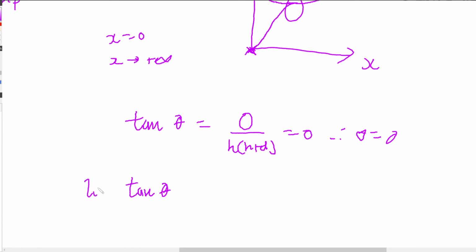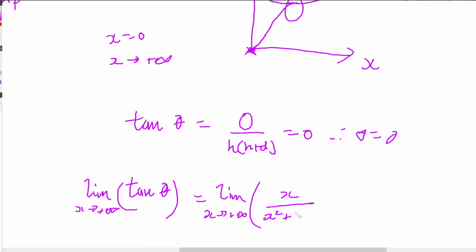tan theta, the limit as x goes to positive infinity of tan theta is the limit as x goes to positive infinity of x over x squared plus h times h plus d.